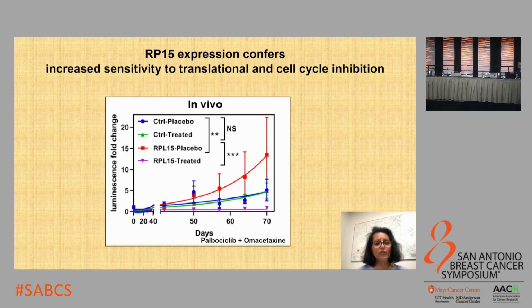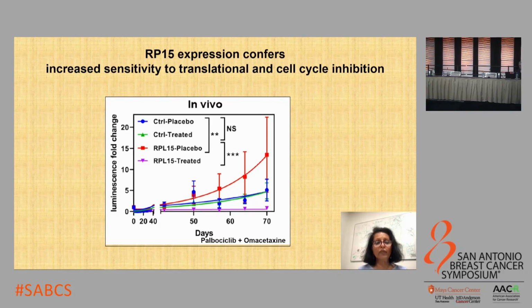So we wanted to see whether increased global translation in the CTCs overexpressing RPL15 would render them exquisitely sensitive to translational inhibitors. So we did a mouse tumor model where we injected the mice with control and RPL15 overexpressing CTCs.